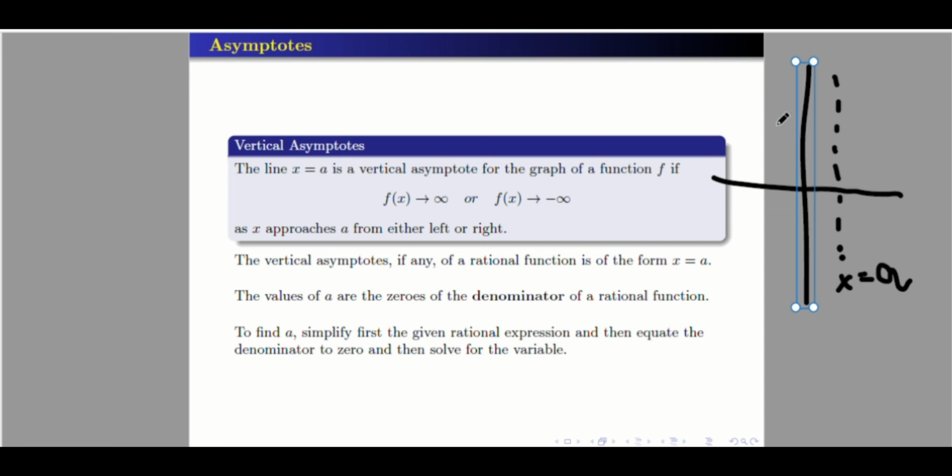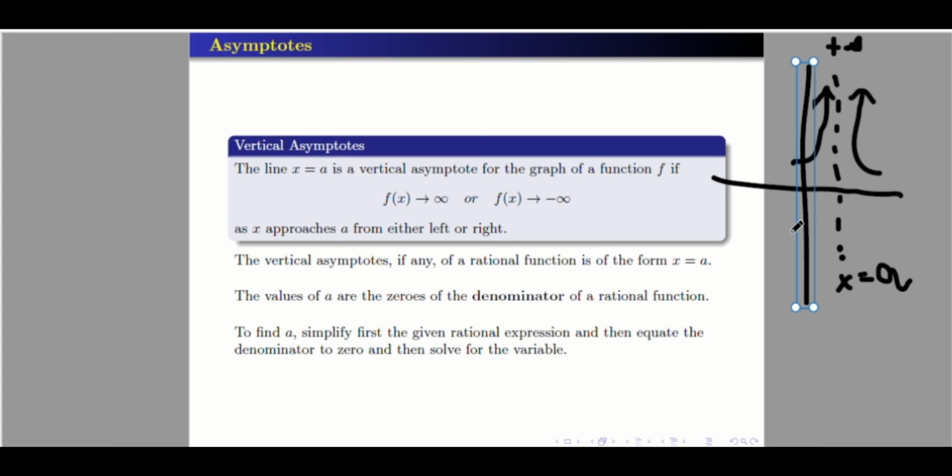So our function f of x will approach positive infinity as x approaches a either from left or right. Meaning our graph may go that way. Take note, this is the positive infinity for our y-axis.